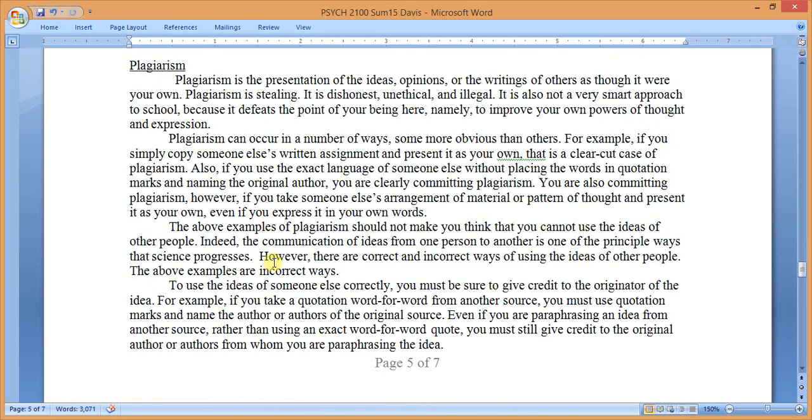Plagiarism can be copying and pasting from Wikipedia, which we're all sort of familiar with, but it can also just be not paraphrasing well enough. So when you're summarizing the articles for the papers in this class, what you're really going to want to do is read the article as best you can, take your own notes on the article, and then put it down for a period of time.